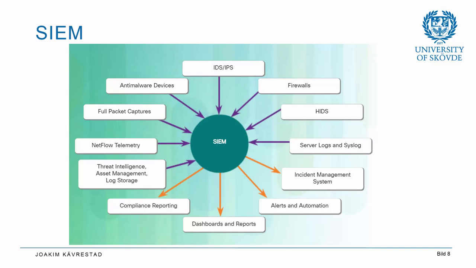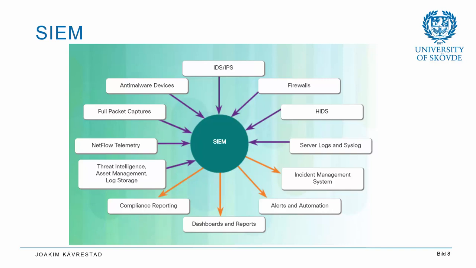But essentially, a SIEM can take multiple inputs: threat intelligence, NetFlow information, full packet capture, information from anti-malware devices, IDPS information, firewall logs, system logs, and what it's used for is to aggregate this information and give it meaning. So it can aggregate and correlate all of this information and give us compliance reporting.